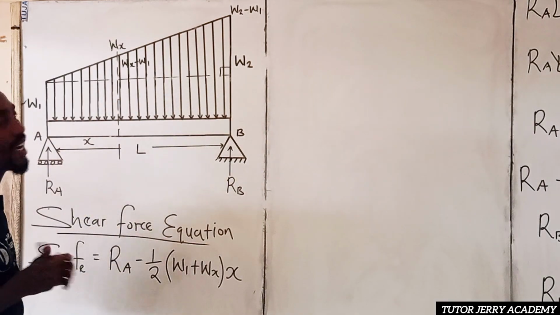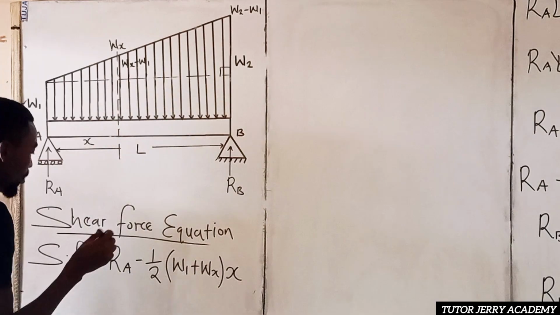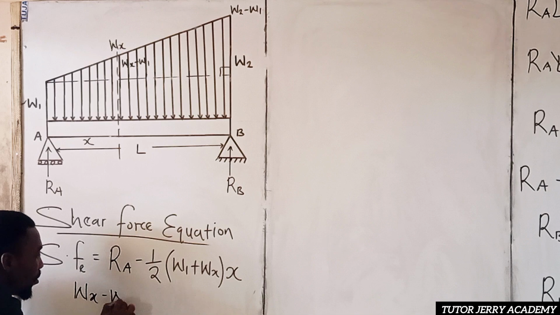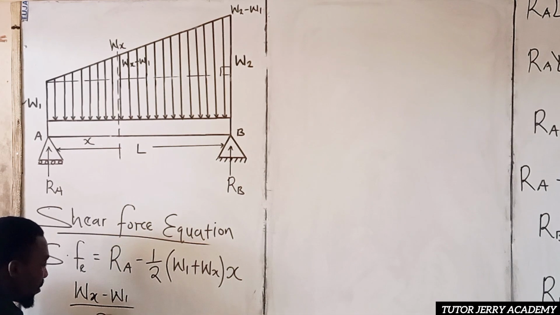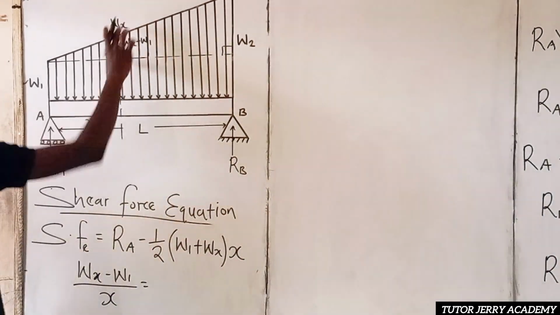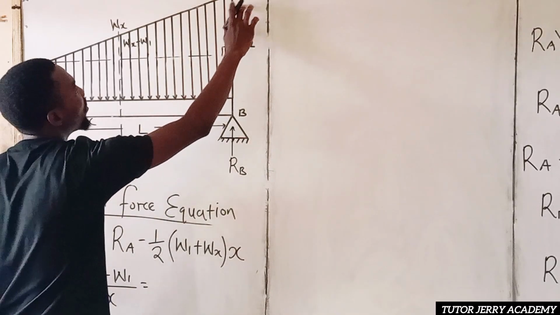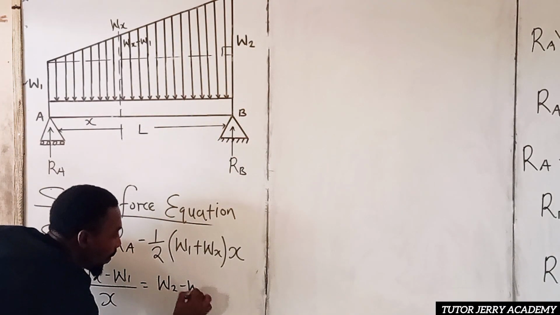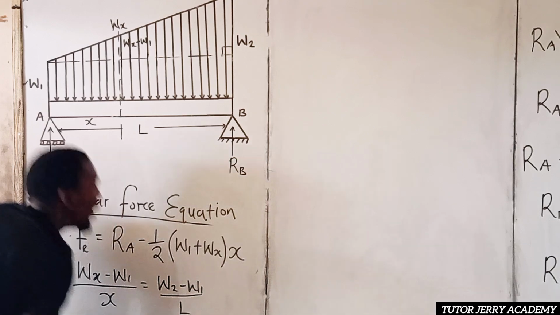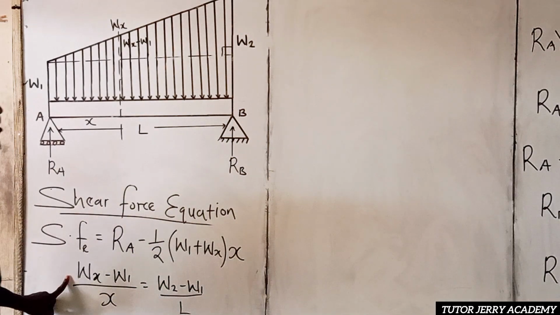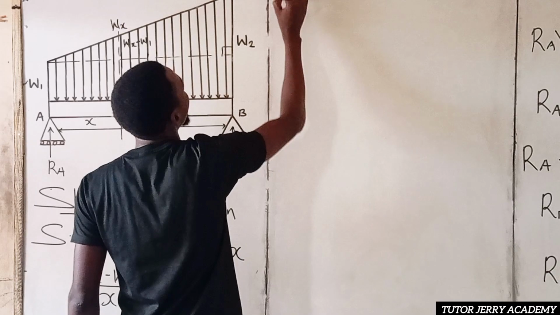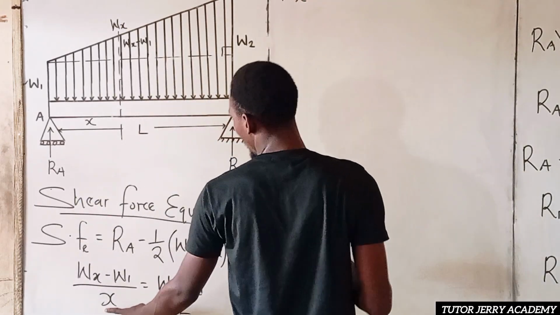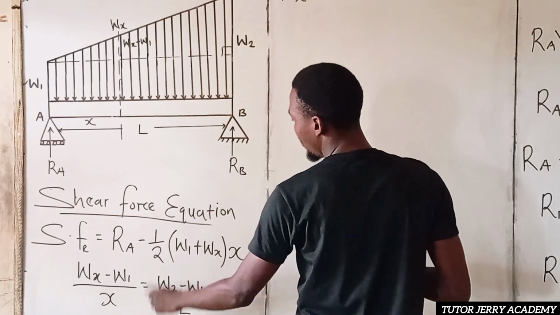From the similarity of the two triangles, W subscript S minus W1 all over S will be equal to W2 minus W1 all over L. So if we make WS the subject here, WS will be equal to, if you cross multiply, S will multiply everything that we have here.